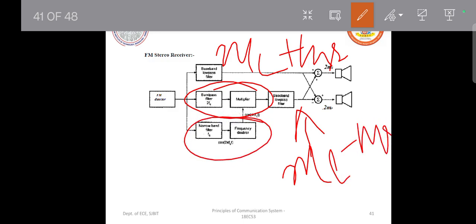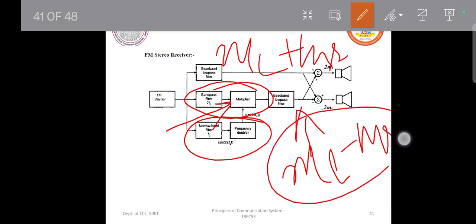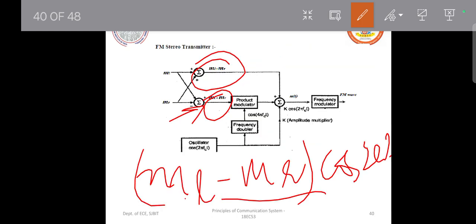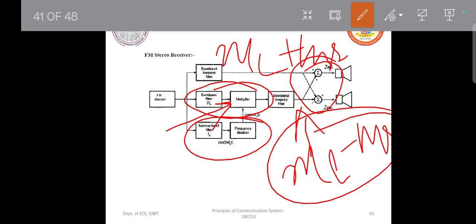In the process, this block is also used, which gives you the carrier frequency. We double it and give it to the product modulator block, which acts as a demodulator. I use a baseband filter to only get this much. Now this part is identical to what we had here. When you perform this operation, what you get back is ML as well as MR. So I'll be able to get back the actual two signals which were sent from the other side.